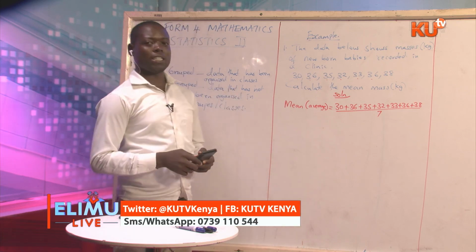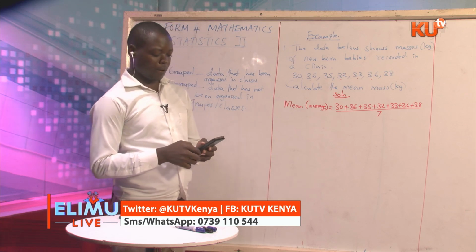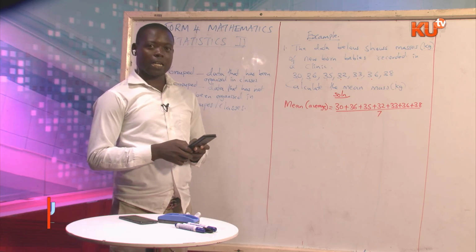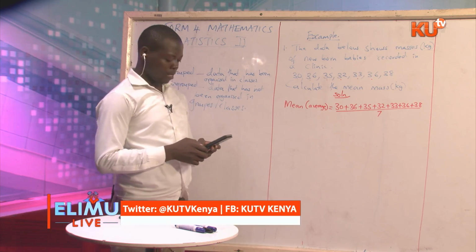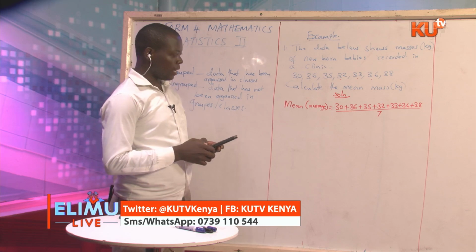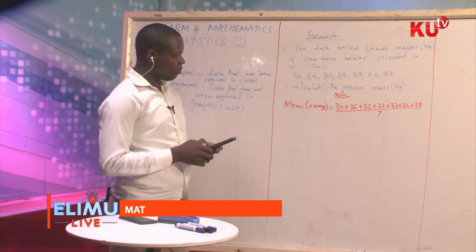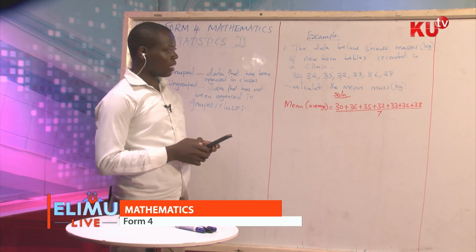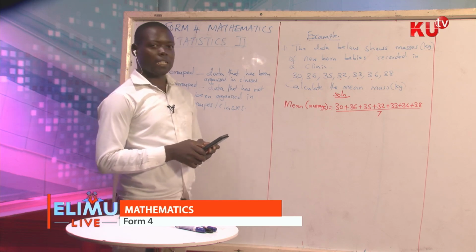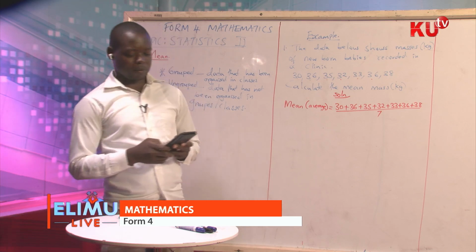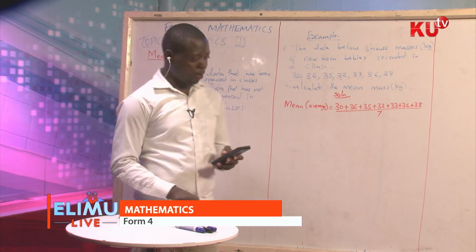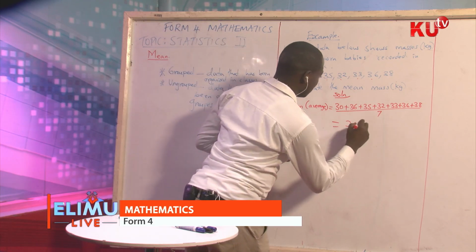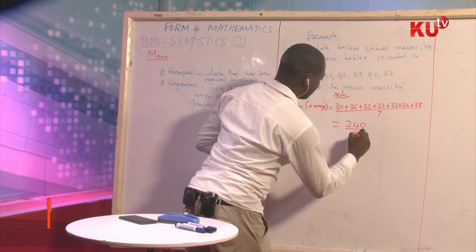We are having 30, so let's have 30 in our calculators, plus 36, plus 35, plus 32, plus 33, plus 36, plus 38. What do you have, students? Right, that is 240. 240. How many babies? 7.